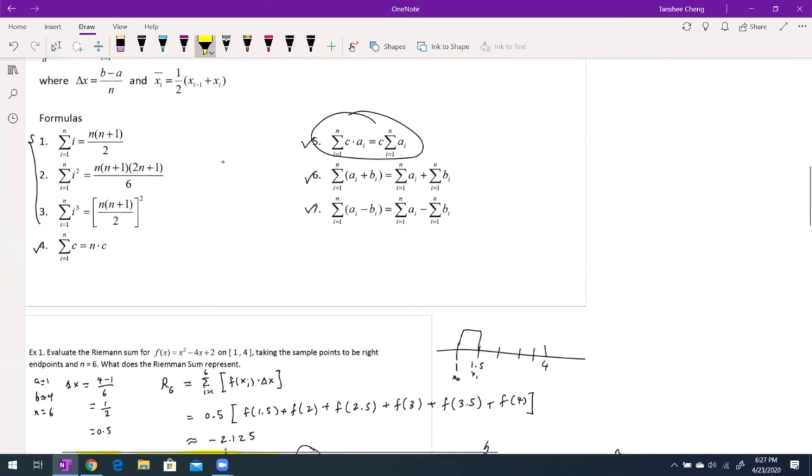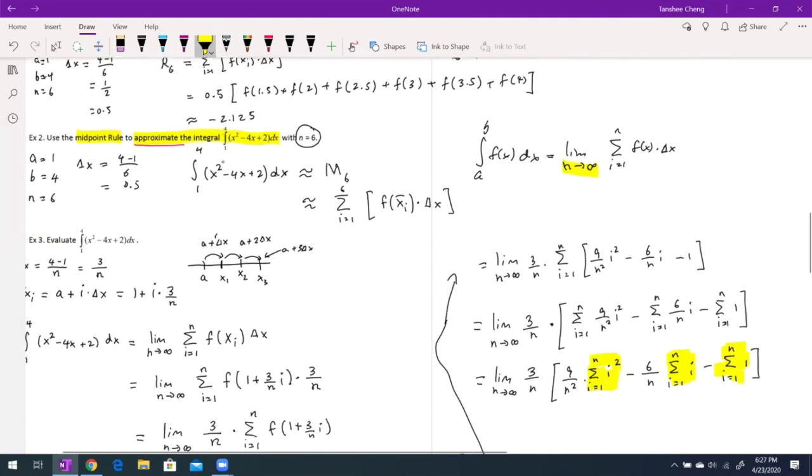So notice that the summation of i equals 1 to n of i squared is equal to what? n times n plus 1 times 2n plus 1, divided by 6.